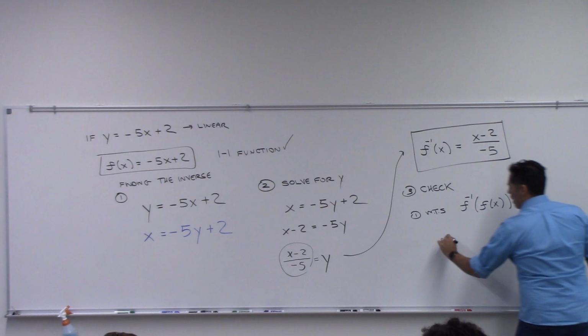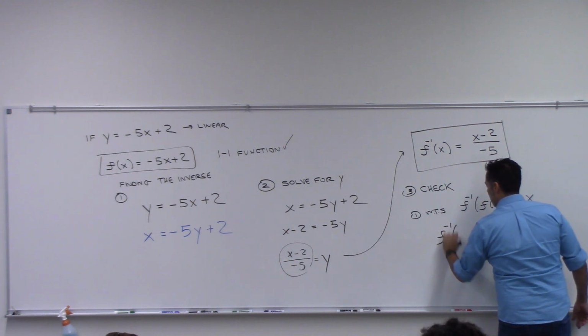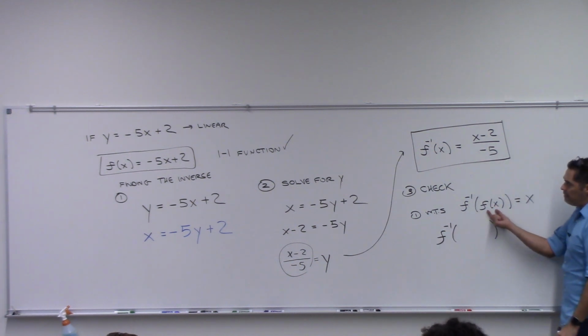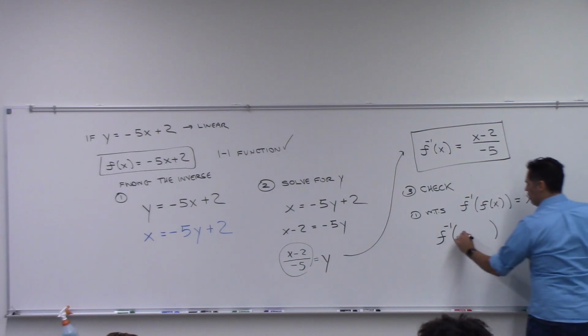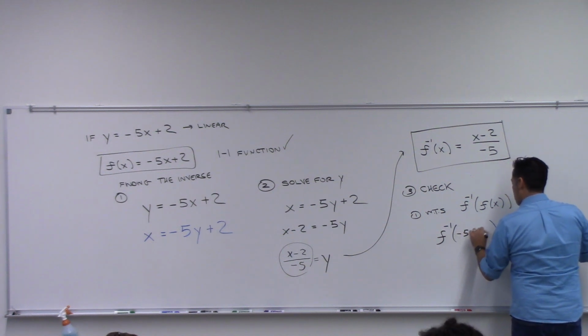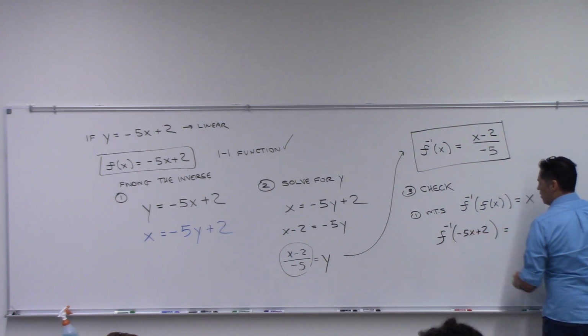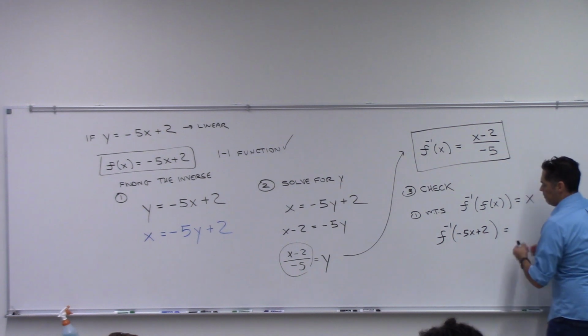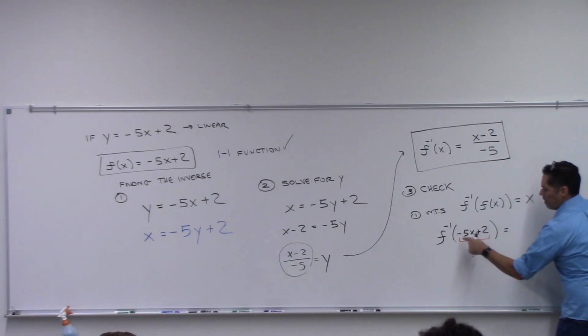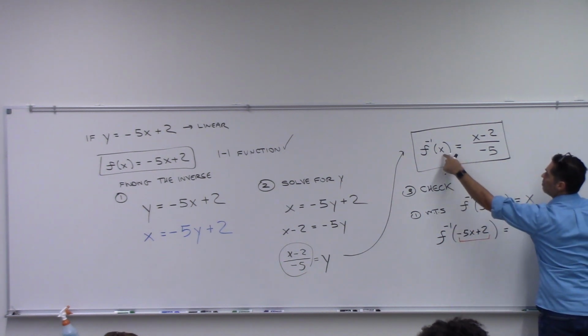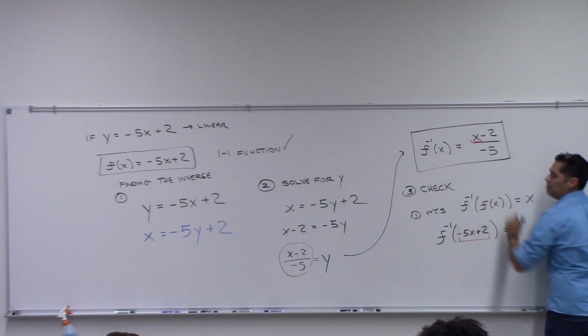So that means when I take the inverse function and I plug in f, what's f for us? Negative 5x plus 2. When I take this right here and plug it into the inverse function for x, that means you're going to put it right there, aren't you?